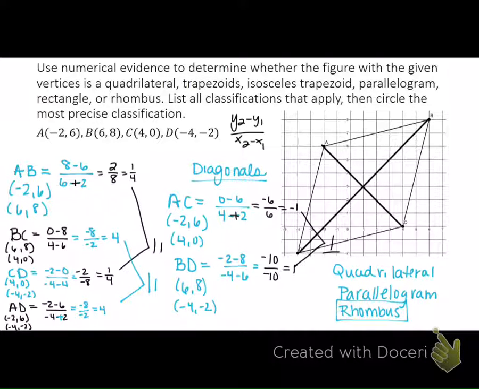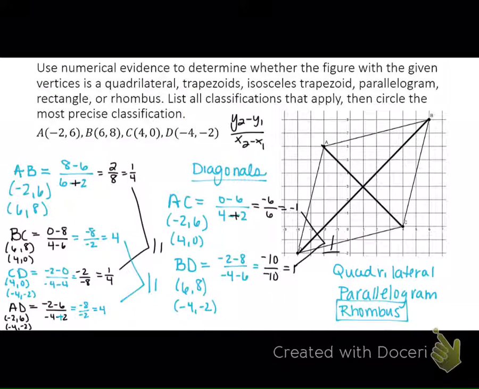What do you have to do next if it's a trapezoid? Anybody? What about the diagonals? You do the distance of the diagonals for a trapezoid. If they're the same distance, then it's an isosceles trapezoid.